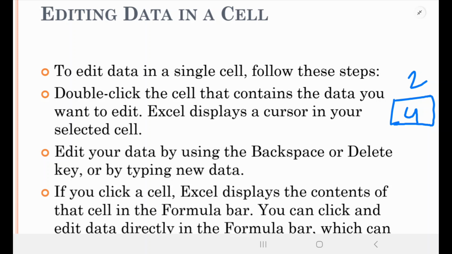Then by double clicking here with your mouse, a particular cursor will blink here, and by the backspace or delete button, you can delete this particular data from the cell and enter the new one in this.